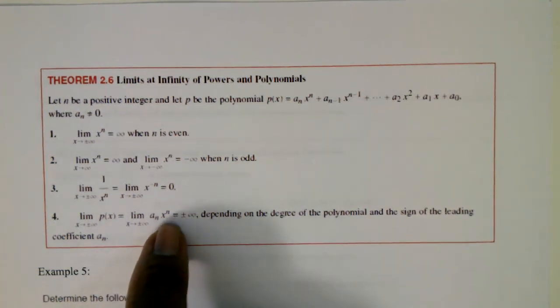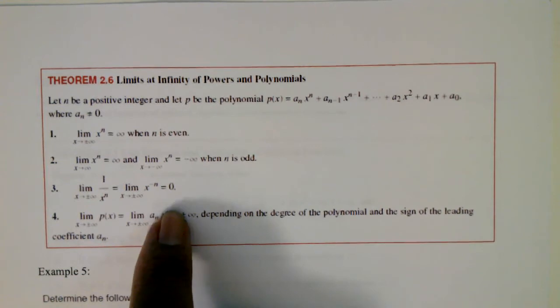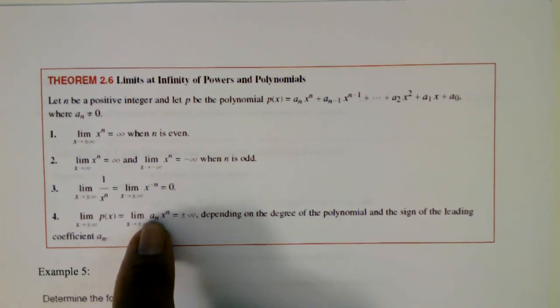So with this rule, you're going to be focusing on just the leading term, a sub n x to the n. A sub n is the coefficient of the variable to the highest power. If you remember from college algebra, a sub n is the leading coefficient.